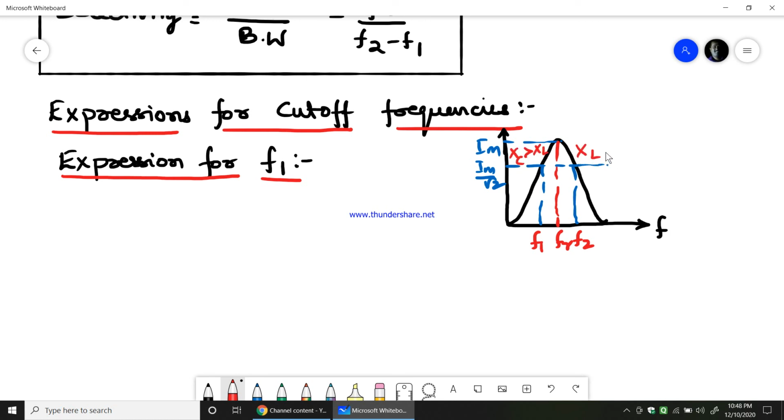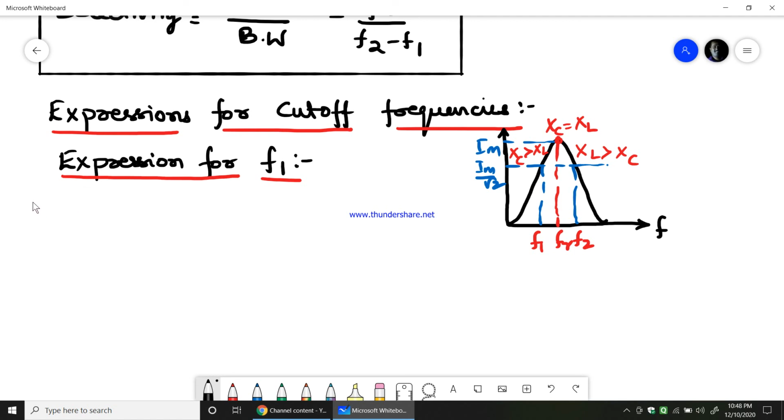Now here XL is greater than Xc. At resonance we see Xc is equal to XL. So all these things we have written now. Normally when you write the expression for F1 and F2, you write this curve and then start deriving the expression.